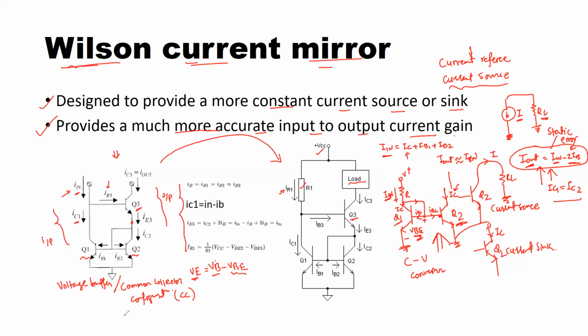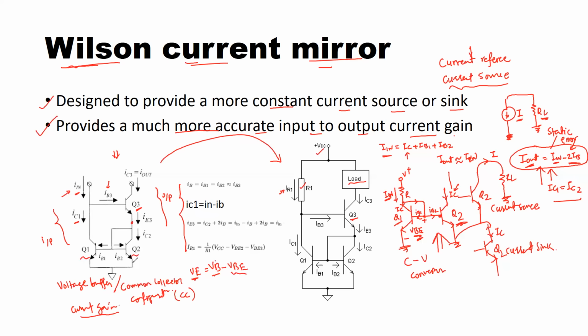And the advantage of using the transistor in common collector CC mode is that although it doesn't have a voltage gain, it has a voltage gain less than or equal to 1. However, we have the current gain, so the current gain of the transistor can be used.